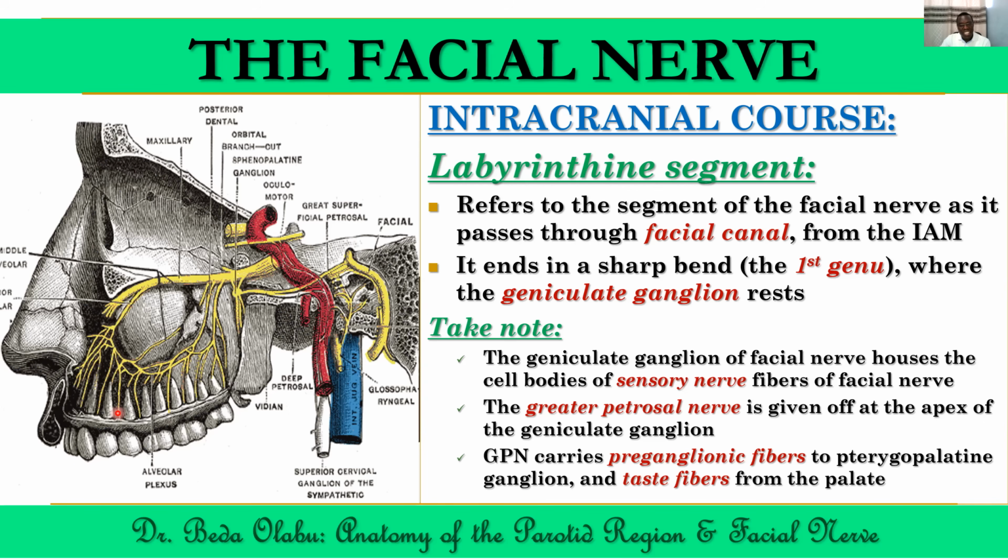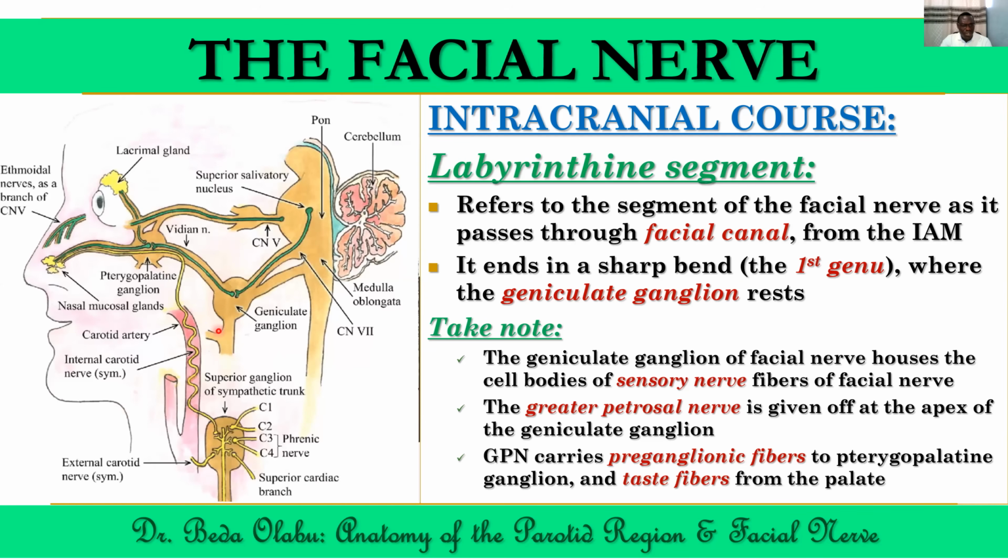All right, so that is the labyrinthine segment. Remember, one major branch from the labyrinthine segment is the greater petrosal nerve, and I've given you the distribution. This also shows you the greater petrosal nerve and the facial nerve, but now let's follow the one that eventually is in the greater petrosal nerve.